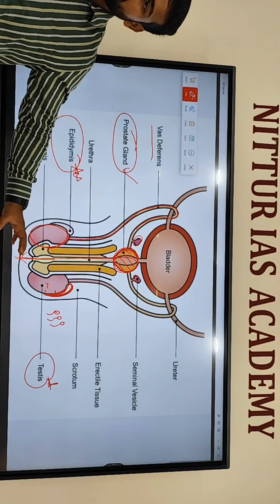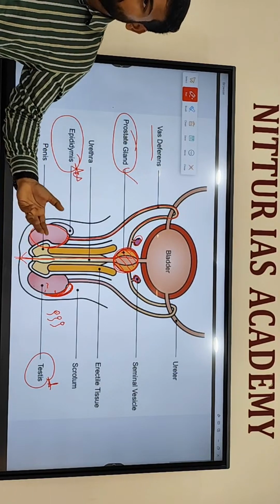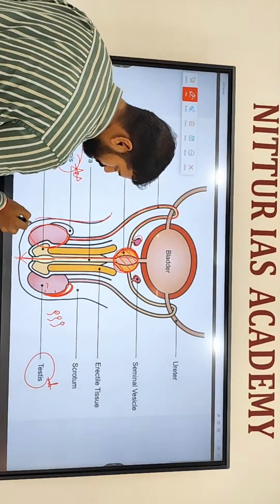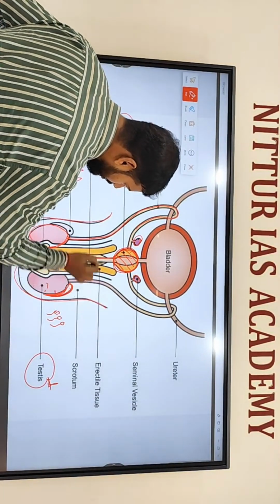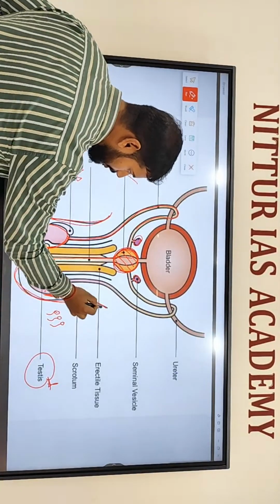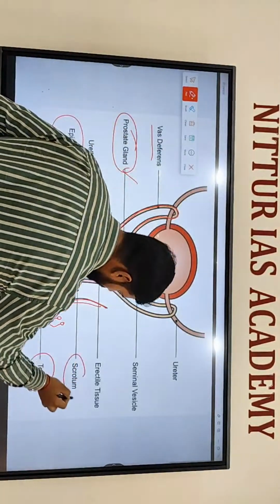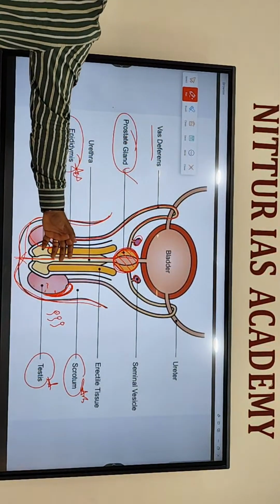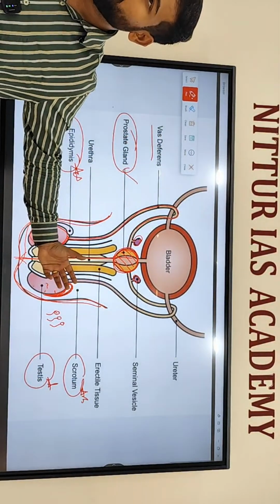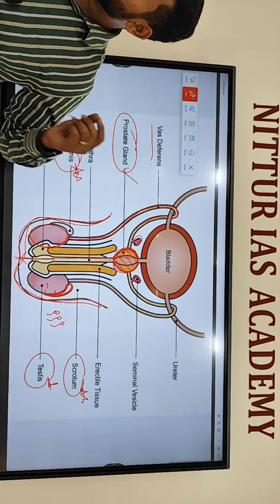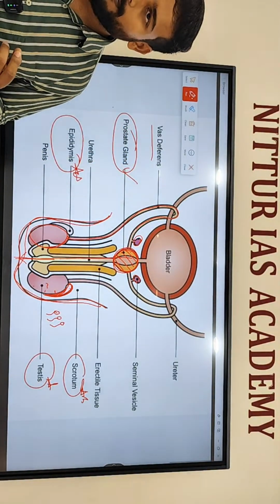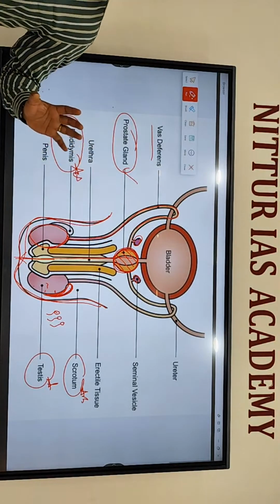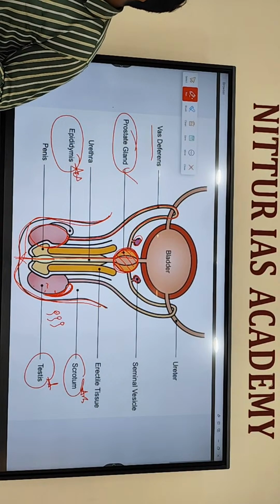But the testis is placed outside in a sac-like structure called the scrotum, right? Why? Because, very important, you need to know: for sperm cells to be produced, the temperature should be less than the body temperature.